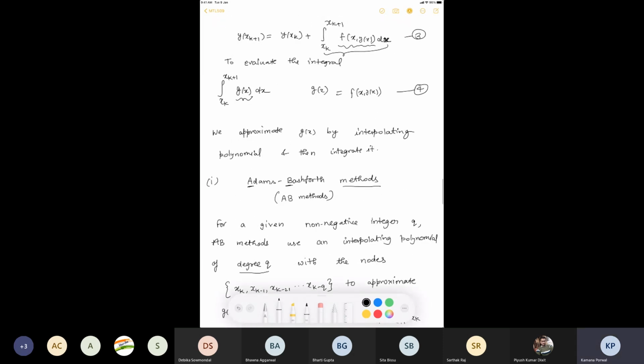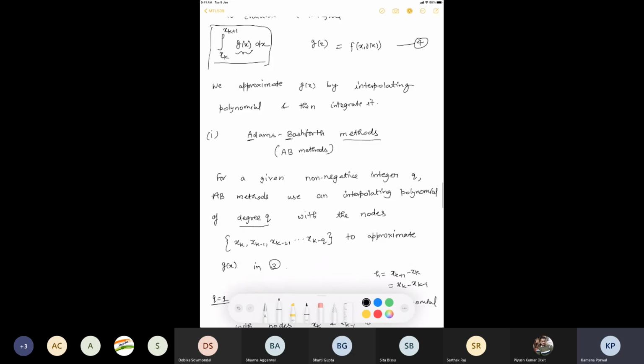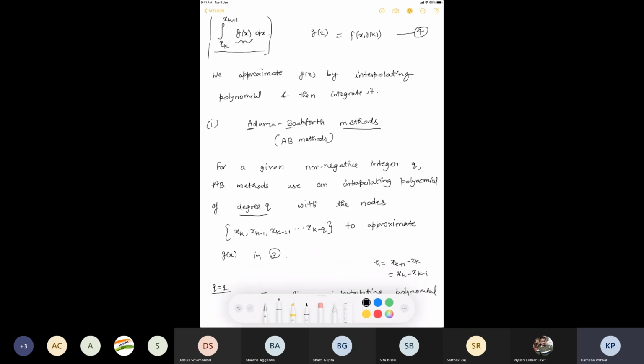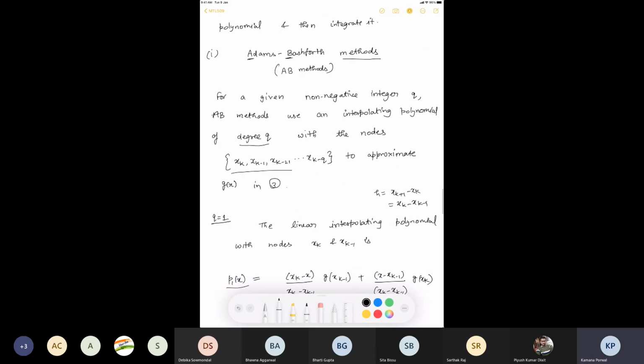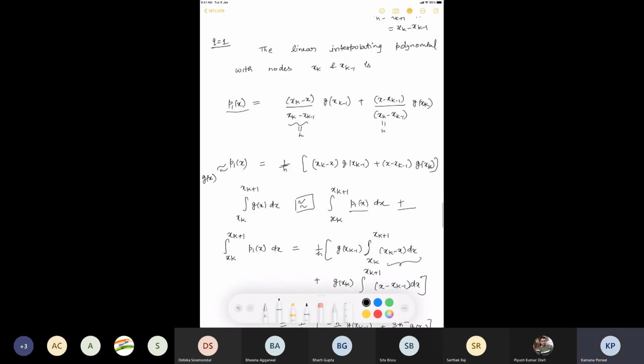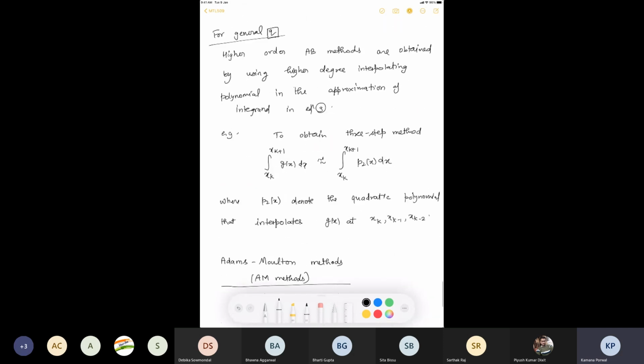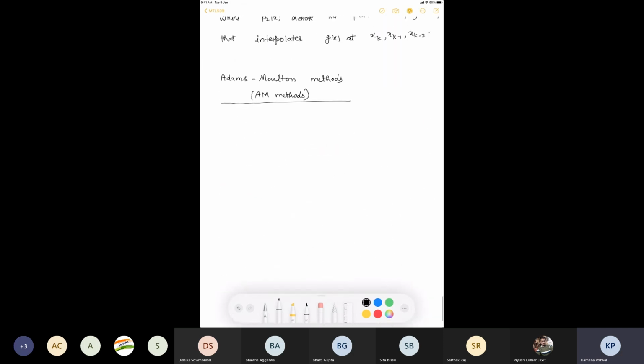We want to find the approximate value of this integral, and we want to use the interpolating polynomial to do that. The only place where it differs from the Adams-Bashforth method is the nodes which you are choosing for the interpolation. So here in this method, let's see what nodes we are going to choose.